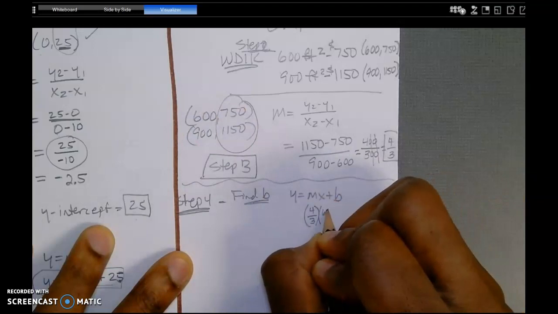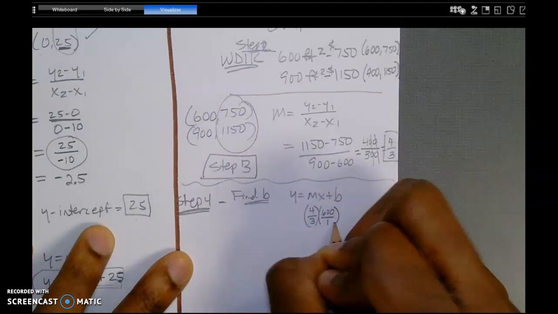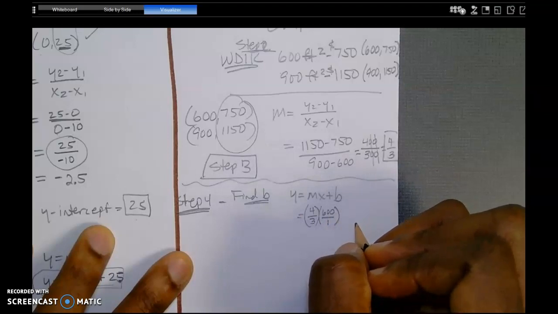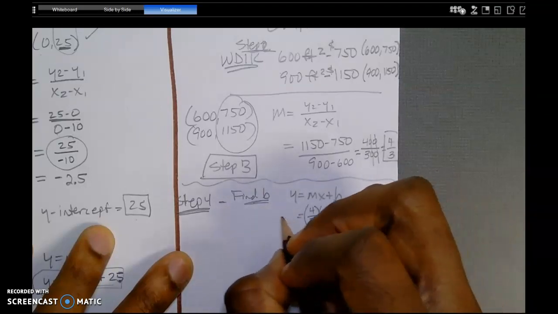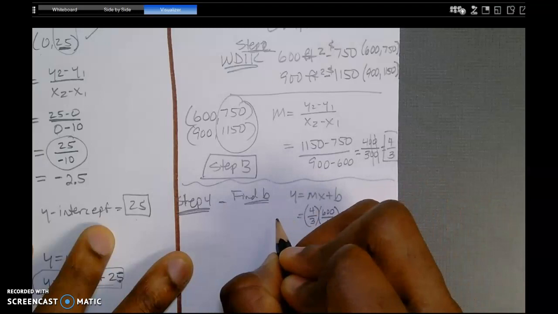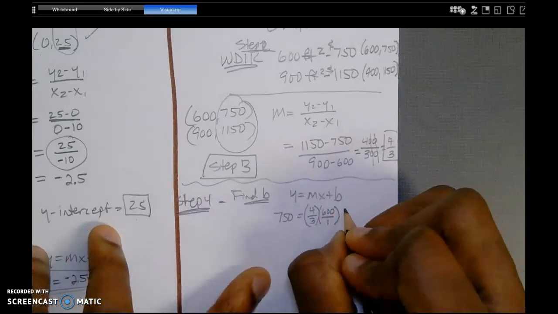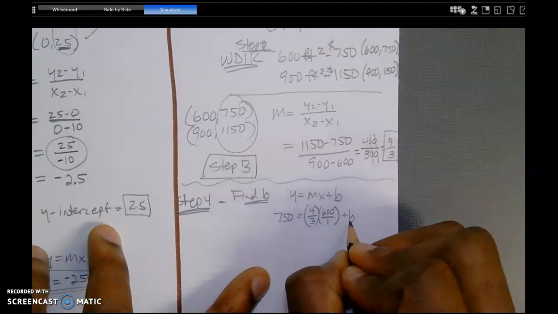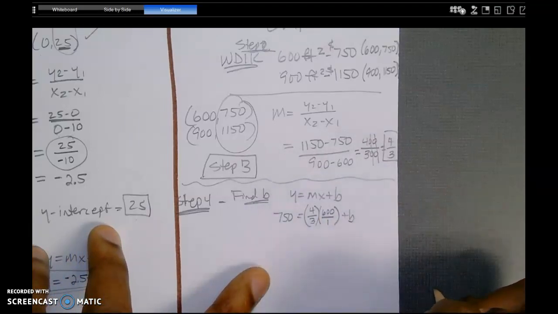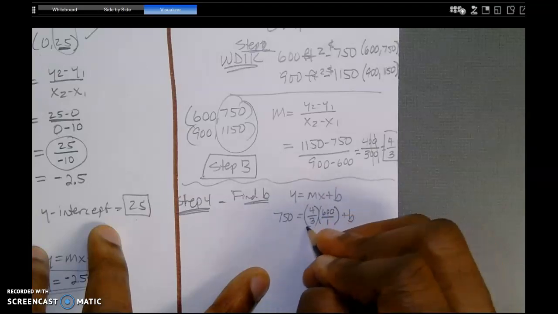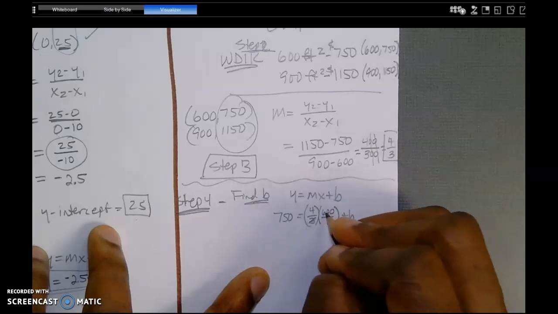I'm going to plug in my X value here. I'm going to put this over 1. Why am I doing that? I'm putting it over 1 because, again, any number can be made into a fraction. I'm going to use this, 750, okay? The reason I want to use this particular number, I'm trying to find B, by the way, so that is left as is. The reason that I'm doing it this way is because I know that 3 and 600 have common factors.